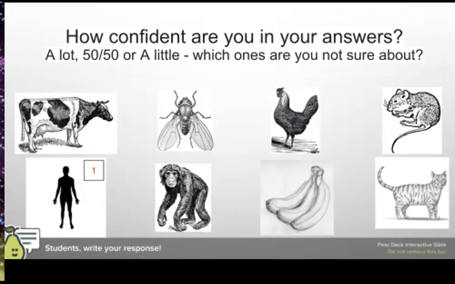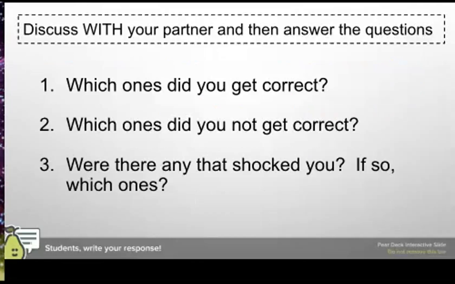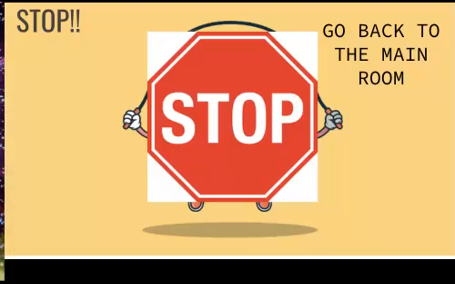After you number them, you're going to answer a quick question. And then you're going to get a link to an article that tells you how much DNA is shared between humans and these other animals, okay? So you're going to work together with your partner. When you finish, you're going to answer these questions, then come back to the main room.